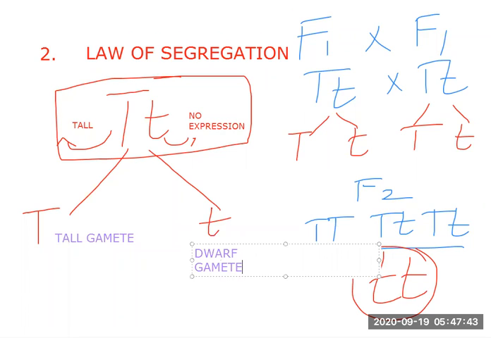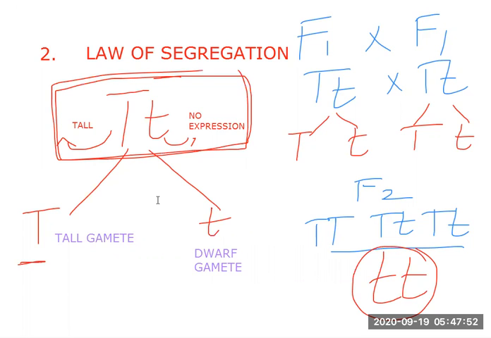If you understand the difference between the above box and these two, you can understand the law of segregation. Simply, we are saying that during the formation of gametes, the two alleles are segregated.